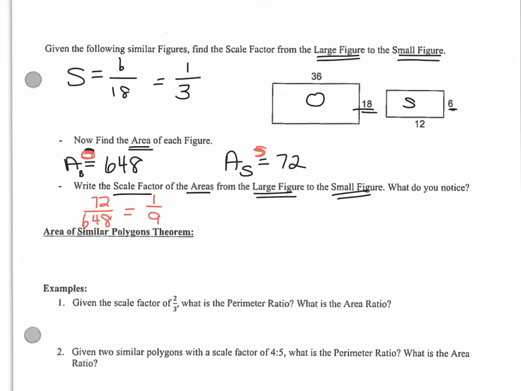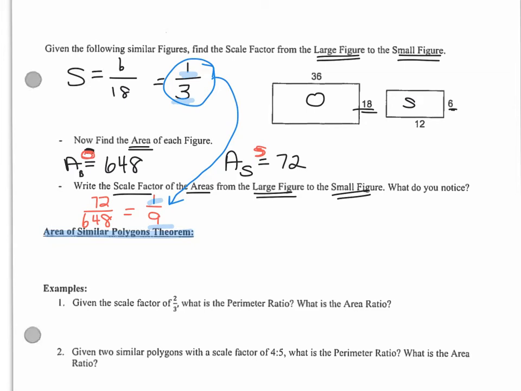So the big question is, how do I get from my scale factor to my area ratio? Well, notice they're just squared. 1 squared is 1, 3 squared is 9. So the perimeter ratio we learned on the last 2 pages was the same, but the area ratio is actually the square of the scale factor.